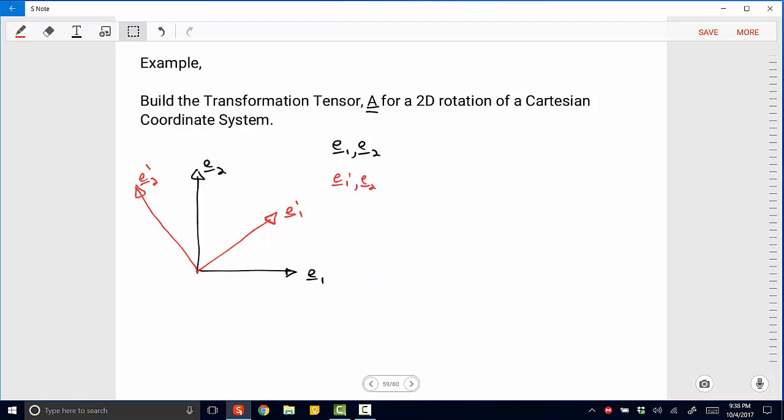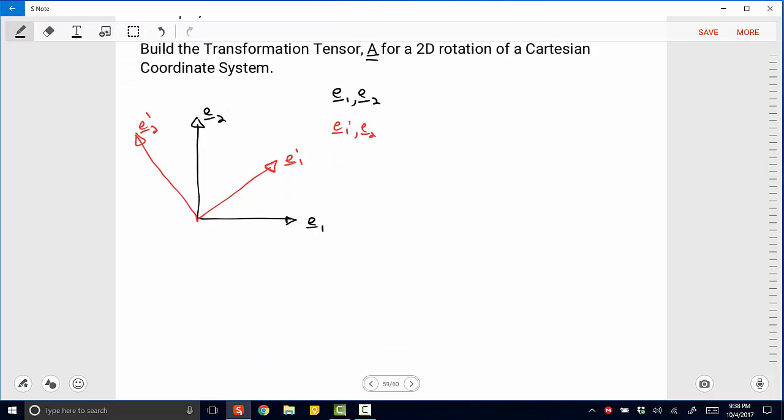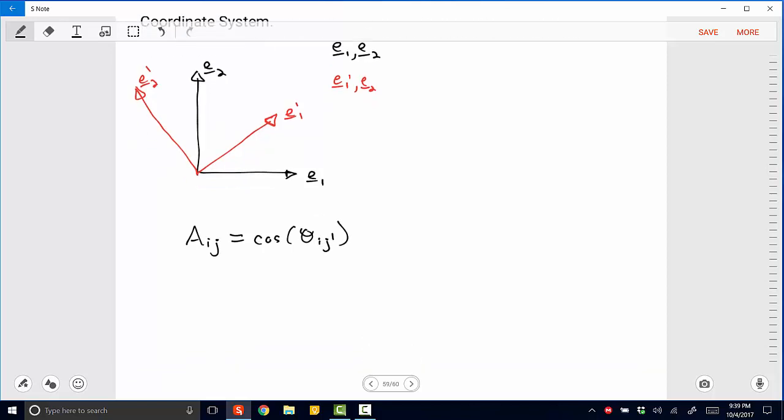Now let's remember that when we did the cross product of the original base vectors with the new base vectors, we found the transformation tensor A i j is equal to cosine of theta i j prime, where the j prime is related to our new coordinate system. So there are a series of angles that exist between our base vectors.